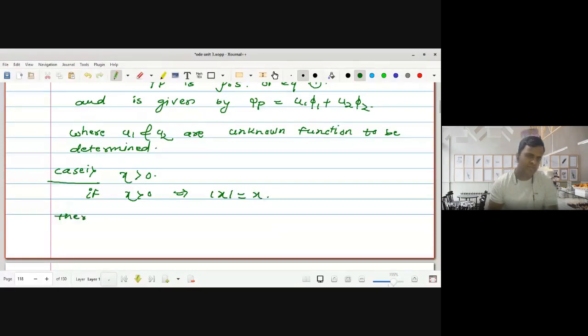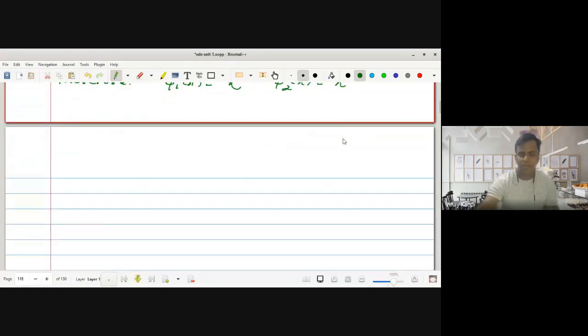Therefore phi 1 of x will be x raised to 2i, since mod x is x, and phi 2 of x will be x raised to minus 2i. Now we have to find the values of u1 and u2. We did something like this before: u1 phi 1 plus u2 phi 2 is equal to 0. What was it? U1 dash.